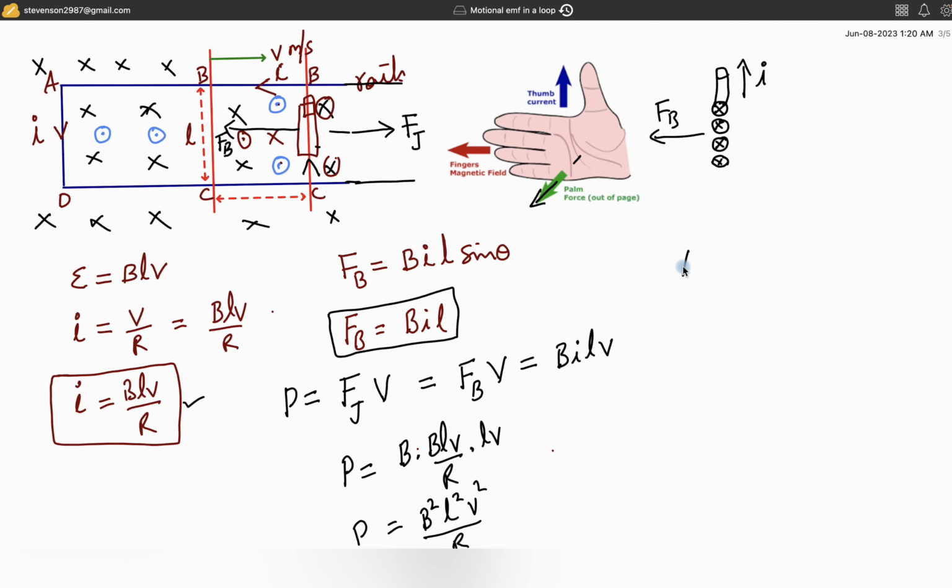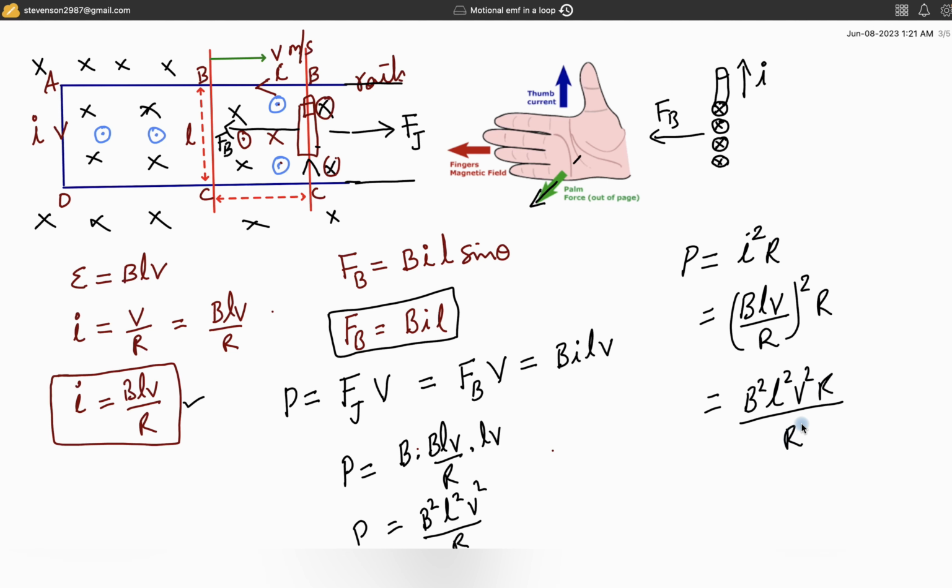The power dissipated in the loop, which is carrying some current I with some resistance R, is given by P equals I squared R. Now if we substitute the value for I, it will be BLV over R, whole squared, times R, which gives B squared L squared V squared R over R squared.